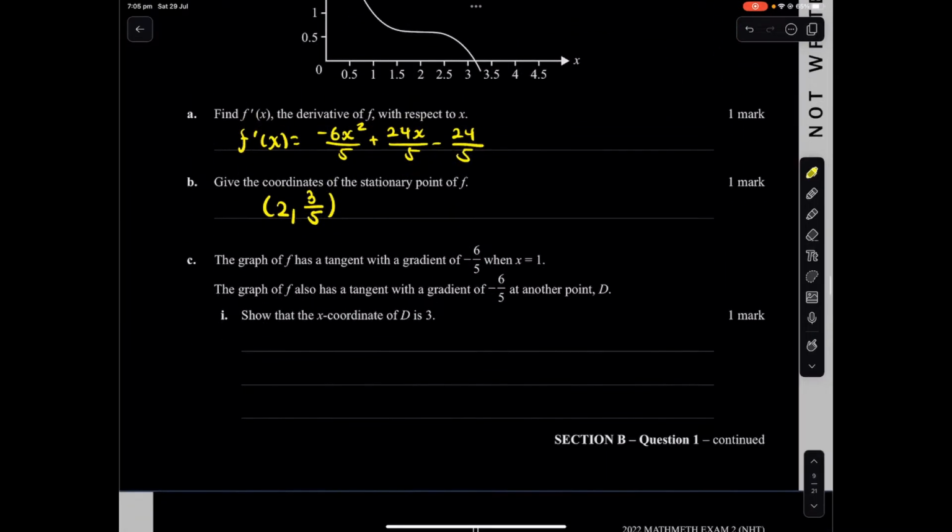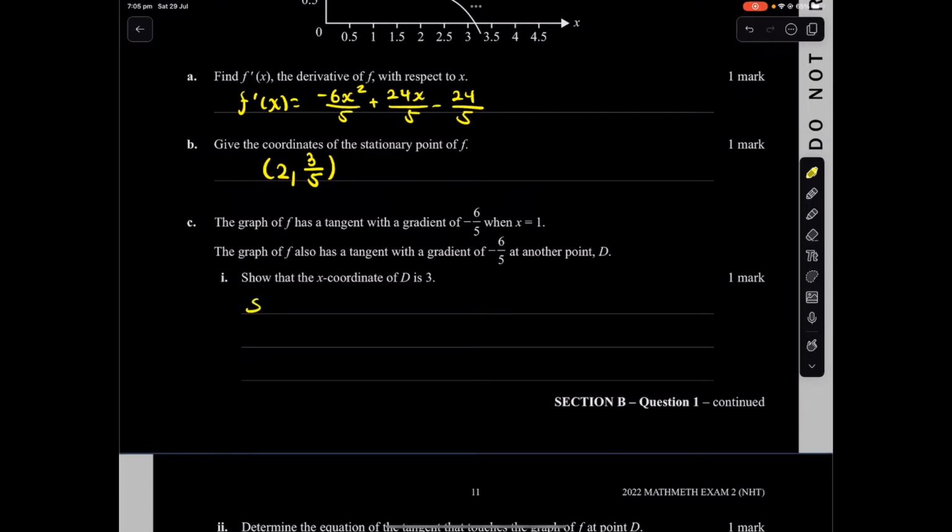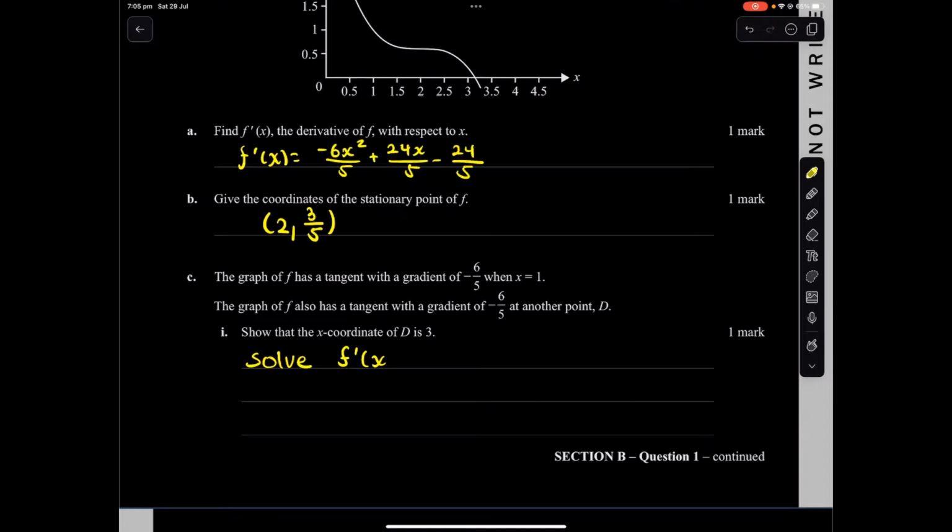The graph of f has a tangent with a gradient of negative 6 over 5 at x equals 1. The graph of f also has a tangent with a gradient of negative 6 over 5 at another point D. Show that the coordinates of D are as given. So we need to show this, so we can solve f dash of x equals negative 6 over 5 for x.